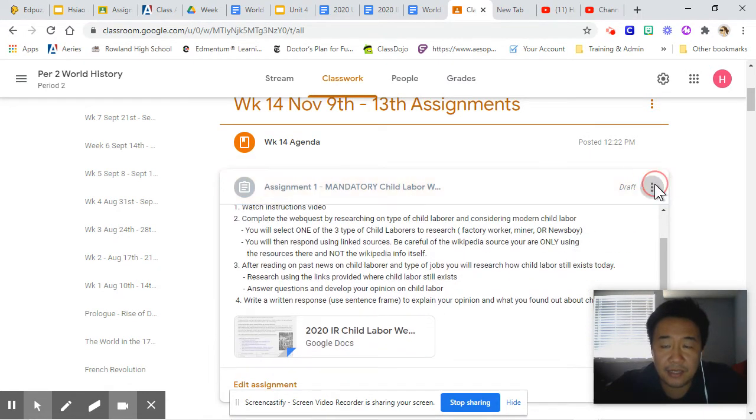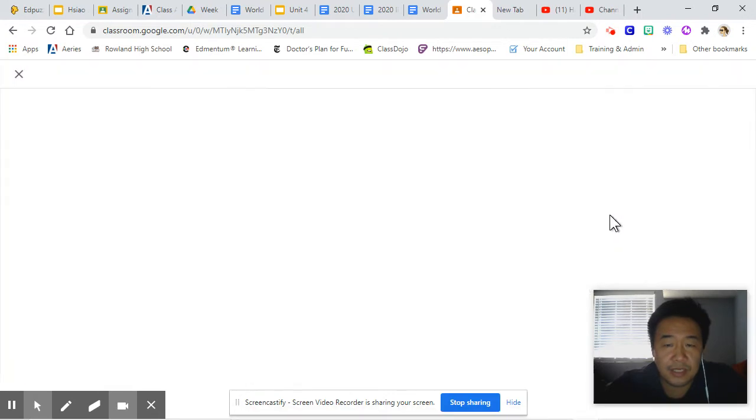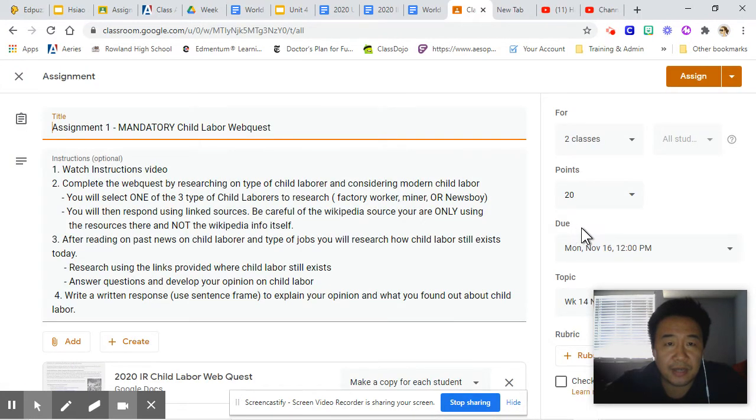You'll be able to do a couple things with this. The web quest is going to be looking at several different links, and you're going to be able to choose from several different web sources talking about three types of child laborers. You're only going to need to choose one to research.